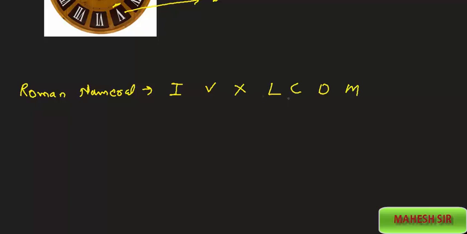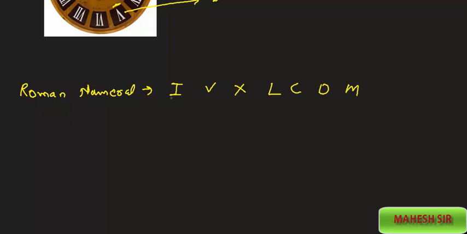So student, I am writing here: Roman numeral symbols, and these symbols are I, V, X, L, C, D, M. These are the basic 7 symbols. By using these basic 7 symbols, we can write any Roman numeral.